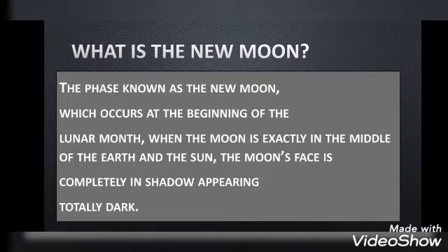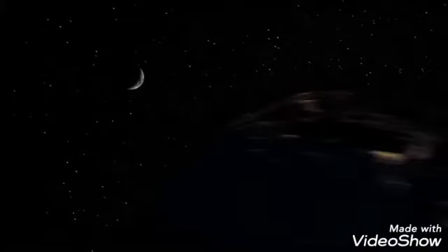Now, let's go to the second question in our lesson today. What is new moon? New moon occurs at the beginning of the lunar month, when the moon, sun, and the earth are on the same line. The moon phase is completely in shadow, appearing totally dark.